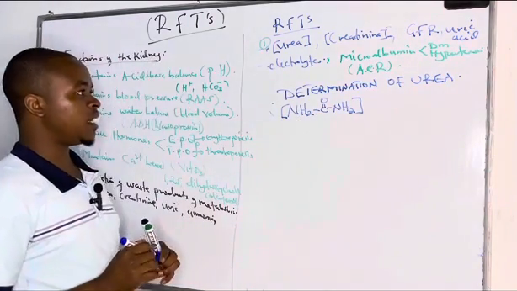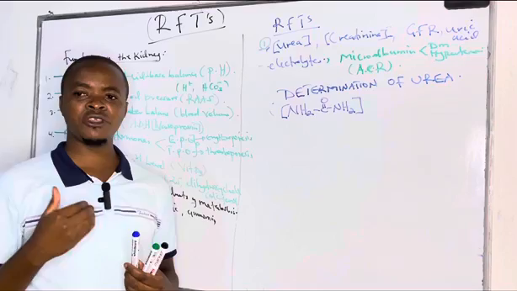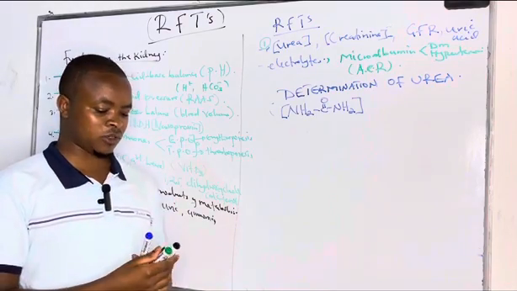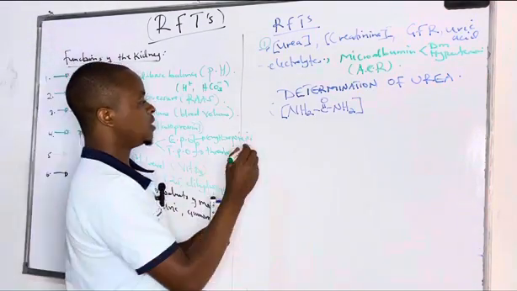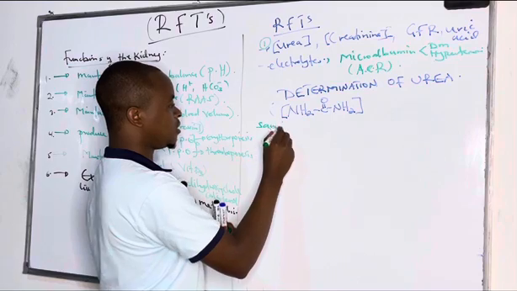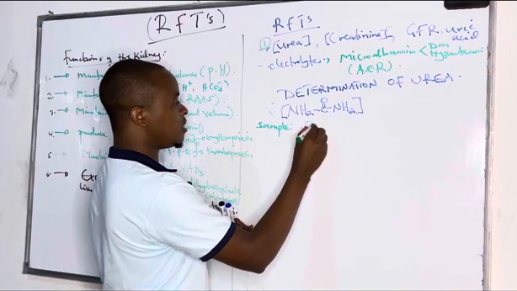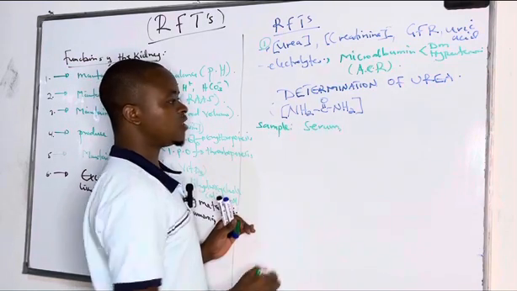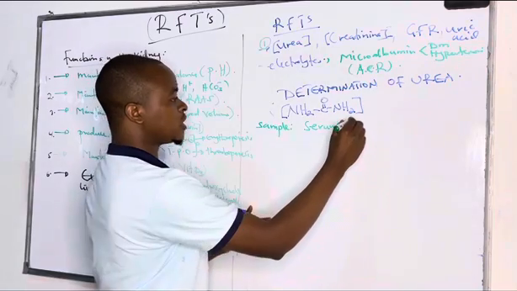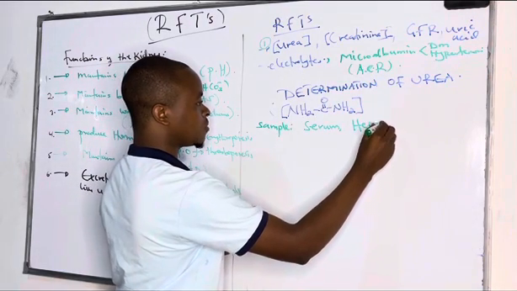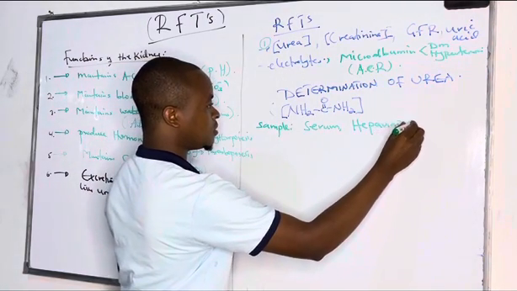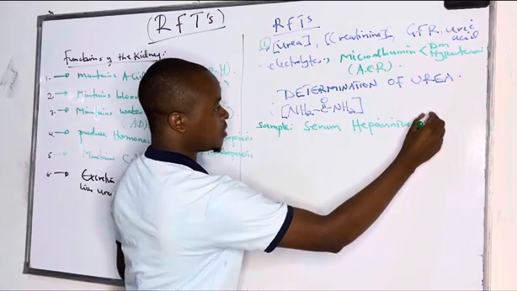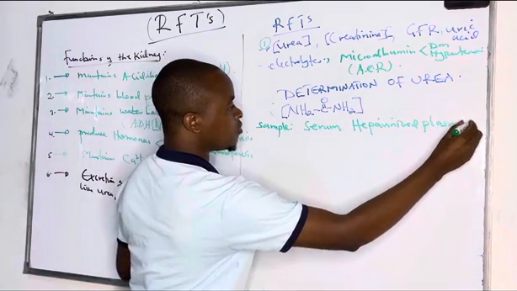And in the laboratory, the specimens we use for renal function tests, we use either serum collected from red top or plain top, or we use heparinized plasma. So these are the samples of choice.